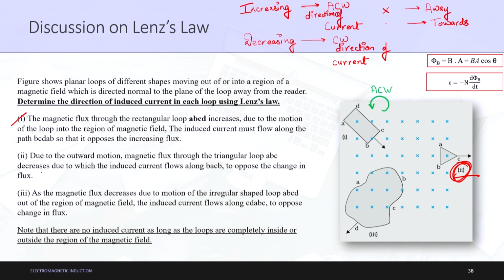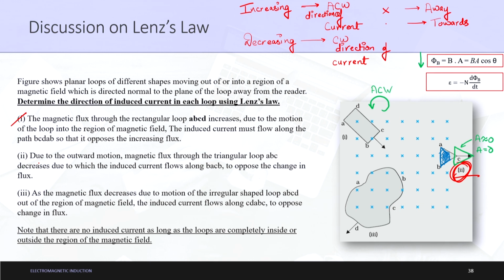In the first scenario, this complete area was under the magnetic field, and after some time t, the area under its influence will be approximately zero if it is very far from the magnetic field. That means the magnetic flux inside the area has decreased, that is, phi B has decreased.